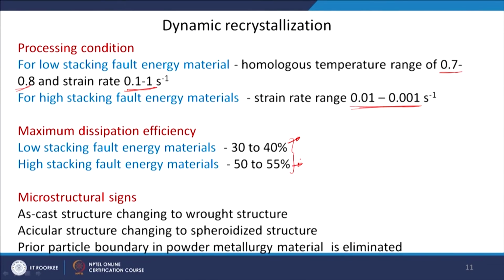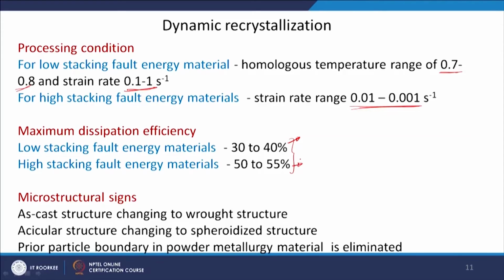If you are able to get that kind of efficiency in a particular processing domain, then you can be in the dynamic recrystallization region. So, this is what you should be looking for. Of course, in microstructural science we have already discussed dynamic recrystallized microstructure, how they look.